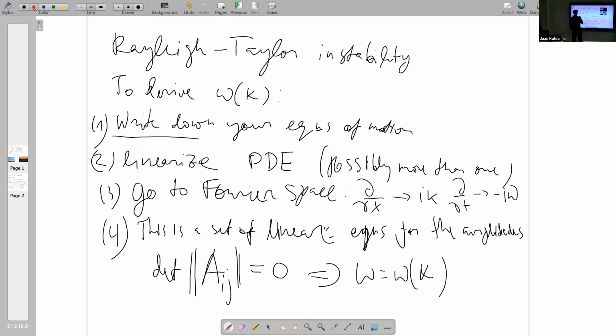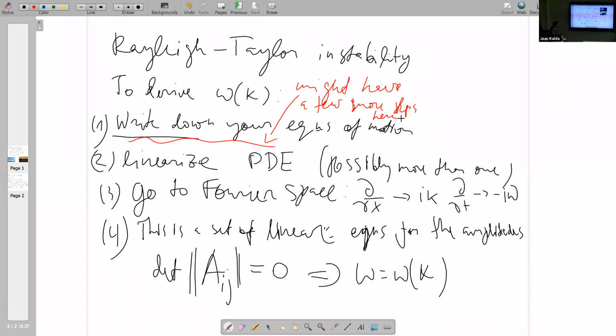There might be a few more steps, like we had a few more steps in the case of Kelvin-Helmholtz. But in general, this is a very standard approach. Whatever you do, whichever field you study, this is how you do it. But there is one small modification to it.